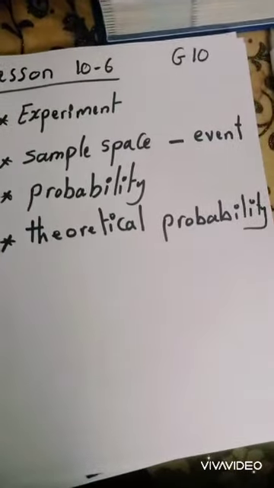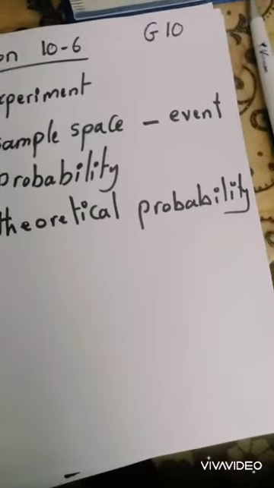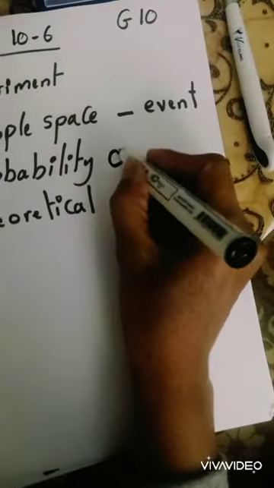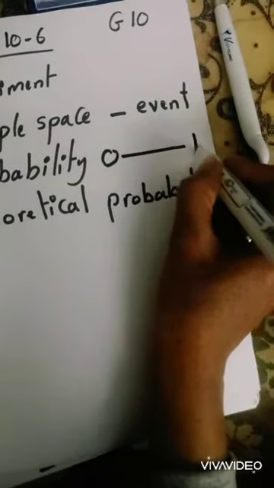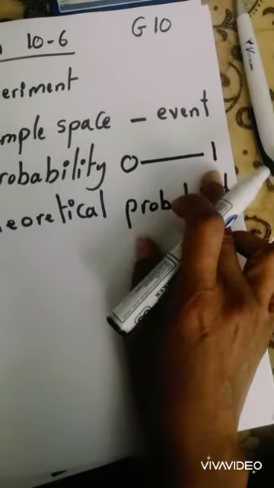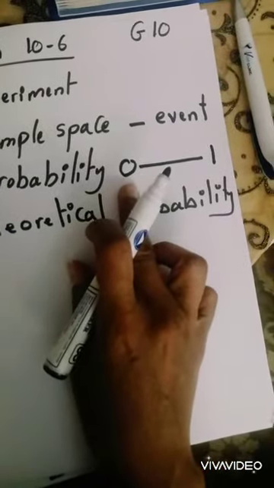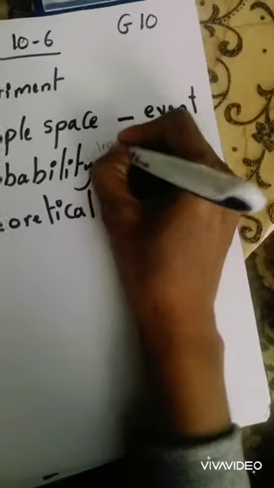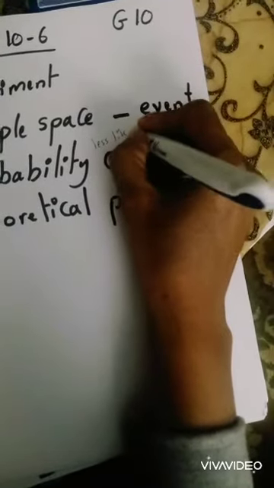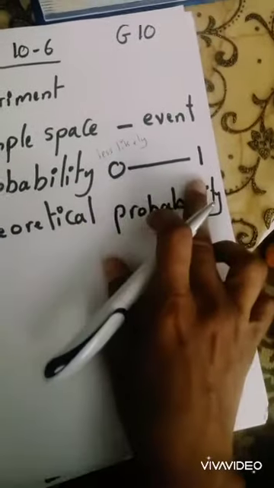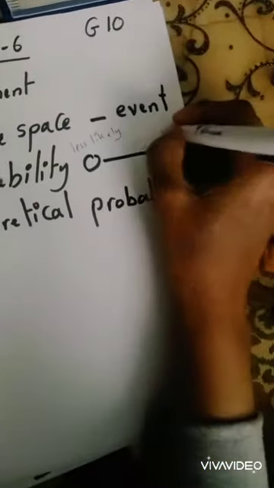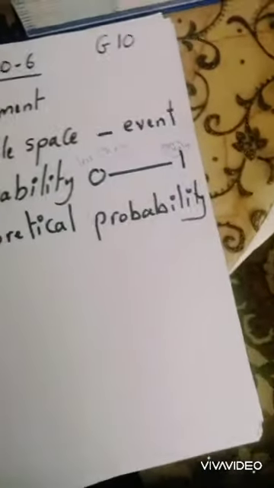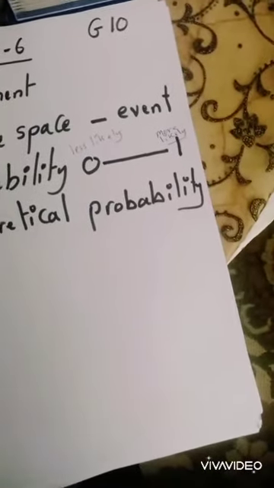The probability of an event is a number from 0 to 1, where a number which is closer to 0 is less likely, and any number closer to 1 is more likely. Okay, this is the probability.